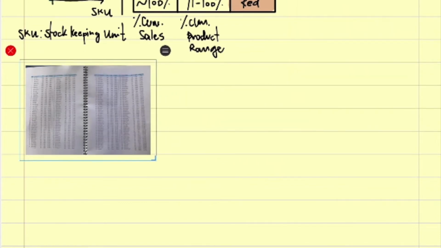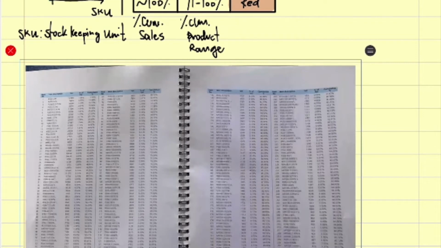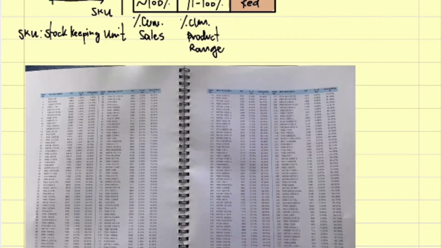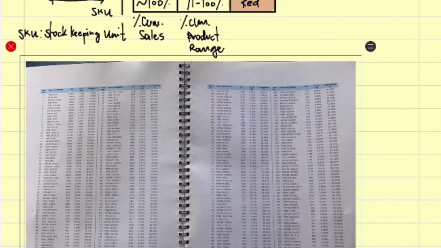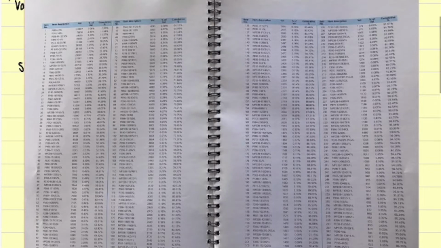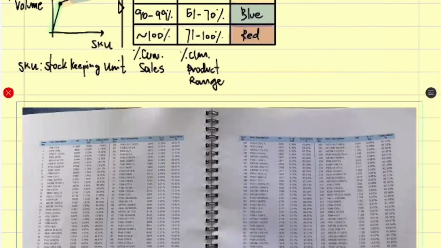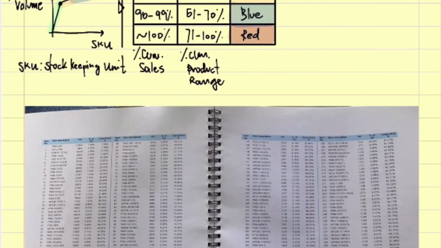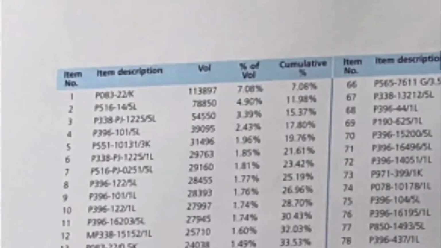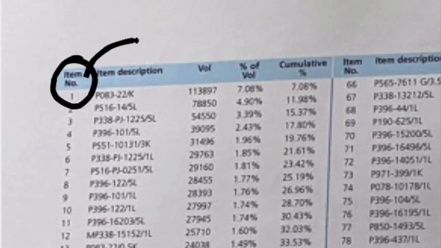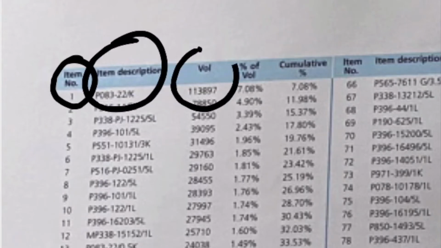This is 2 pages of SKUs. You see here, from SKU number 1, item number, item description, volume, percentage of volume, and cumulative sales. Okay?